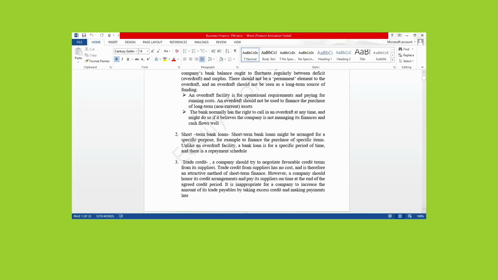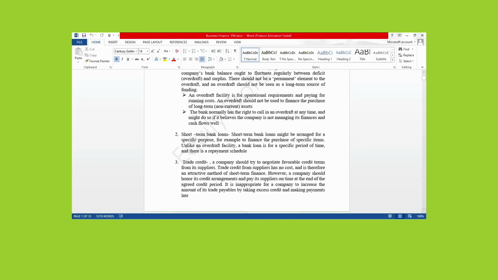Number 3 method, trade credit. A company can negotiate favorable trade credit from its suppliers.